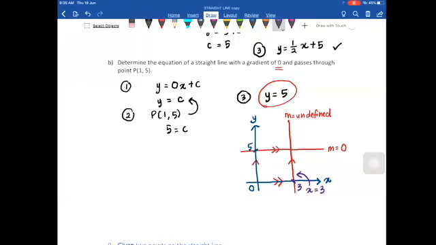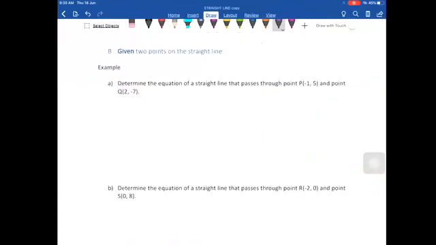Next subtopic. Okay, tadi the first one, the question give you gradient and 1 point. How about if the question gives you 2 points? Tapi dia tak bagi kamu gradient. 2 points saja. Okay.